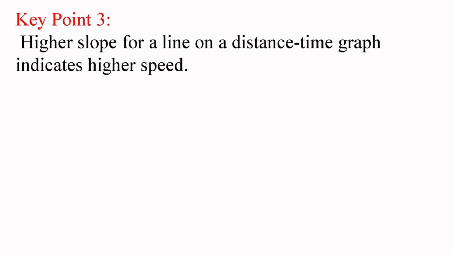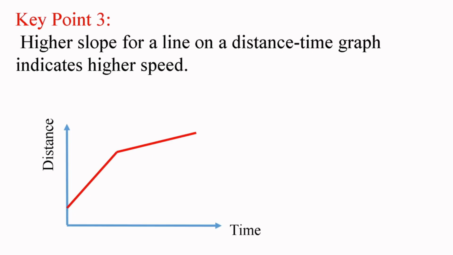Let's go for the third key point. If we have higher slope for a line on a distance time graph, it shows that we have higher speed. In fact, in a linear segment on a distance time graph, the value of a slope is equal to the value of the speed. Pay attention to this example. Here, our distance time graph contains 2 parts.